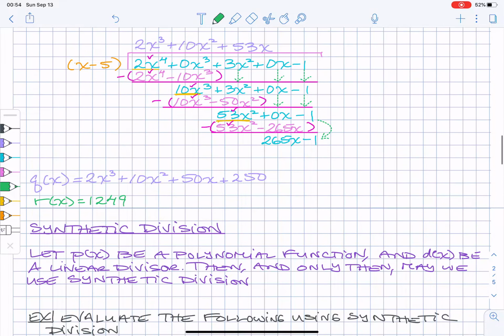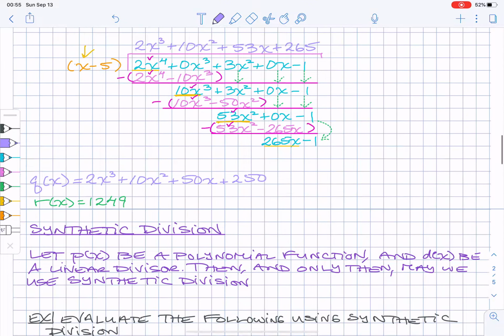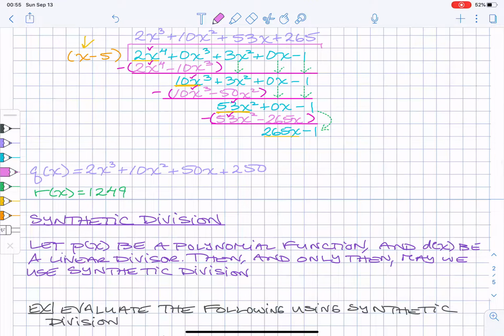Now 265 times x will give me that last term, so plus 265, leaving me with 265 times x minus, well, 200 times 5 is 1,000. 6 times 5 is 30, so that's 300, so 1,300. And 5 times 5 is 25, 1,325.